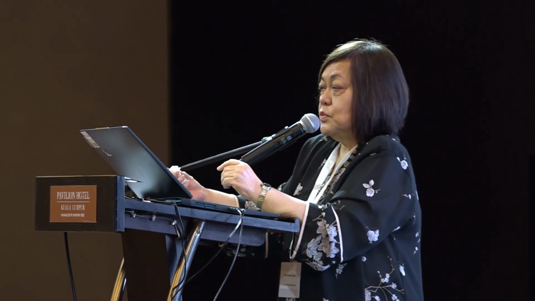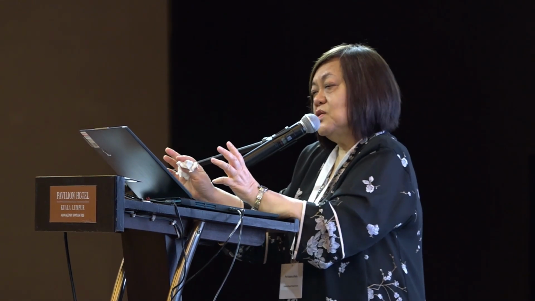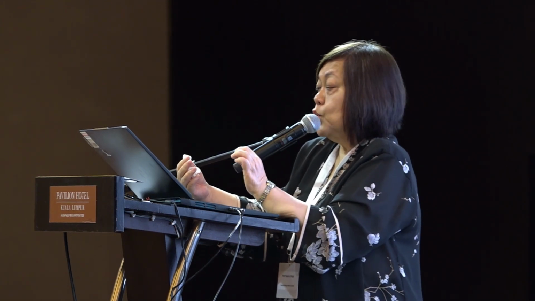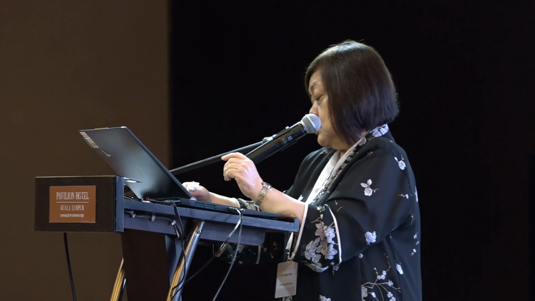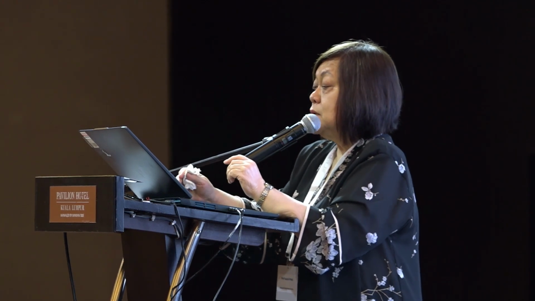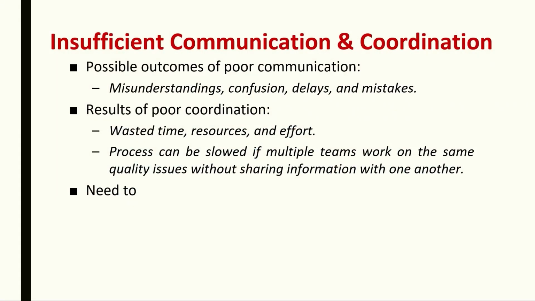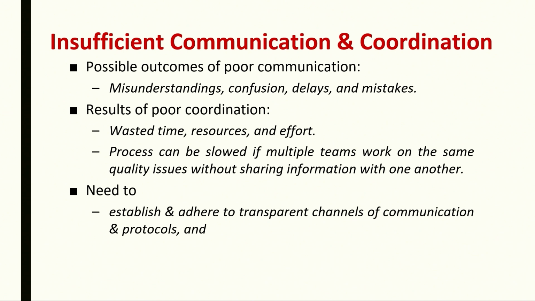All right? As opposed to, the private sector has got their own little thing, the public sector has got their own little thing, and it turned out they're actually doing the same thing. All right? When in truth, they could have helped each other. That's what I mean in terms of poor coordination. So what is it that we need to do? Well, obviously, like I mentioned, establish and try to adhere to transparent channels of communication protocols.